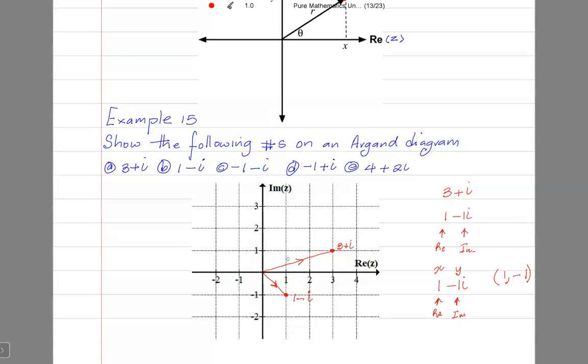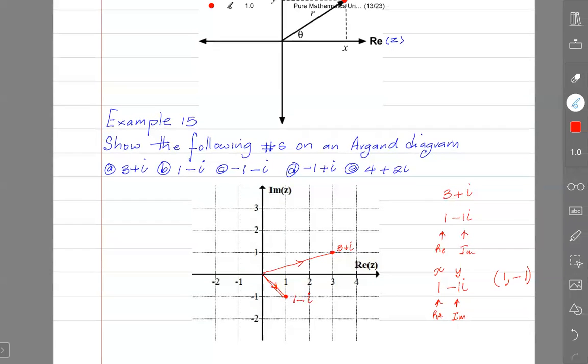So this is x equals 1, y equals minus 1, that is this point here. So the point represents the complex number 1 minus i, and this position vector here also represents it. All right? Okay, sir. Thank you.